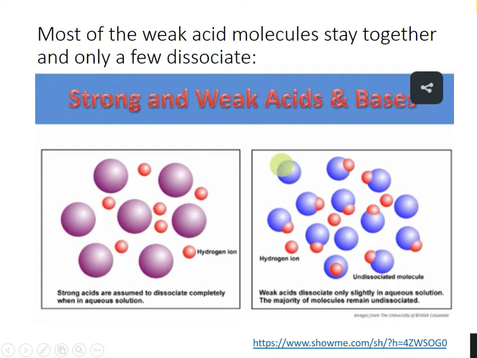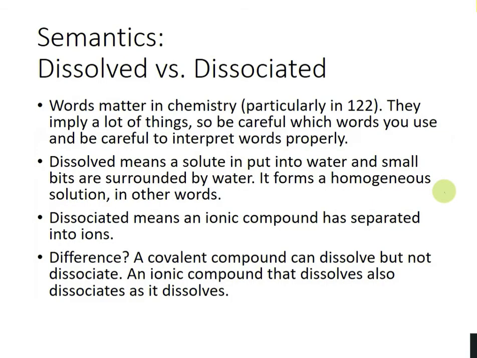So this one, and then this one is its pair broke apart, and then this one and this one. So a few of them broke apart, but most of them stay together. Usually we use the 5% rule. Typically, weak acids, only 5 out of every 100 or less will break up and ionize.